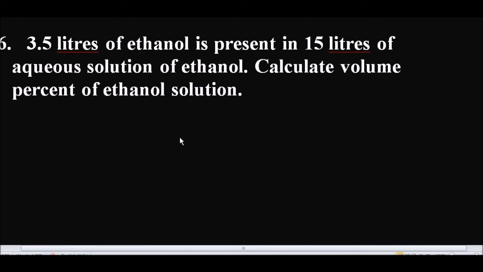Yes, the other question given here is question number 6. 3.5 liters of ethanol is present in 50 liters of aqueous solution of ethanol. Calculate the volume percentage of ethanol solution.